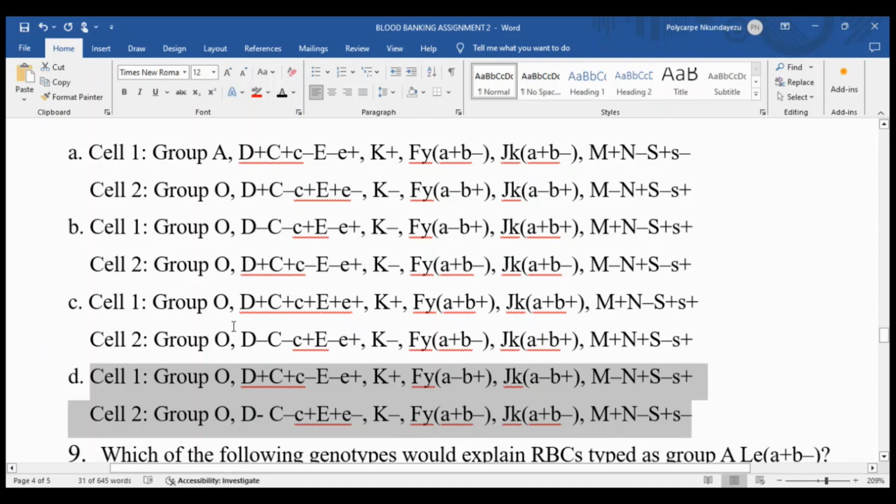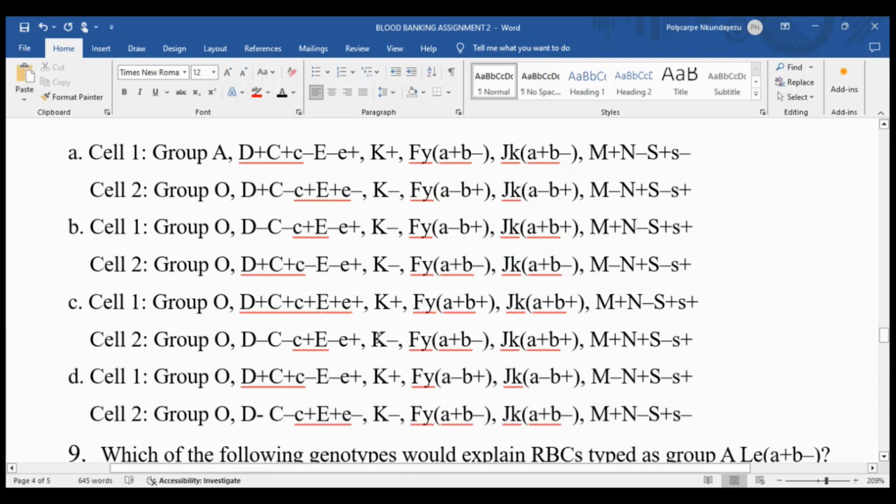For example, if you look at option C, we couldn't use it because cell number 1 in option C doesn't exhibit capital C in homozygous form, even capital E. So we can't use it, because there's no way we can test their presence if capital C and capital E are not in homozygous form.